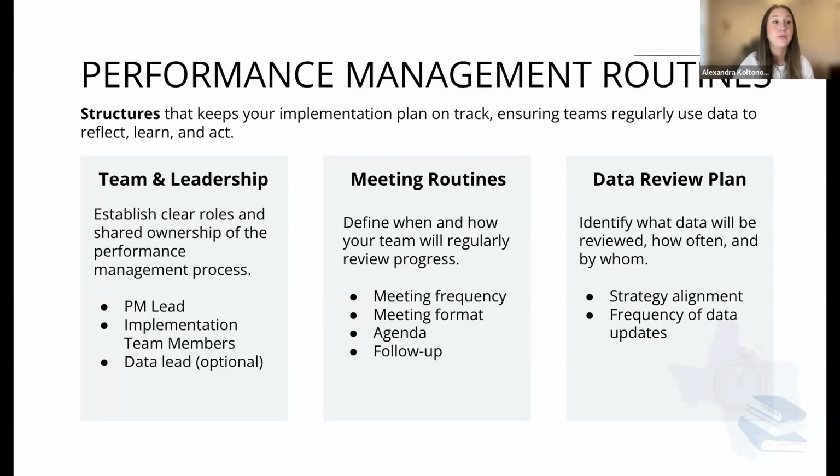Lastly, you want to have a data review plan. So actually identifying what data will be reviewed, how often, and by whom. So making sure that that's really aligned with your strategy and is based on the frequency of data updates. So this is why we added that additional column to the Measure to Learn tab. We wanted you to be able to indicate how often this data is actually updated for when we need to review it.